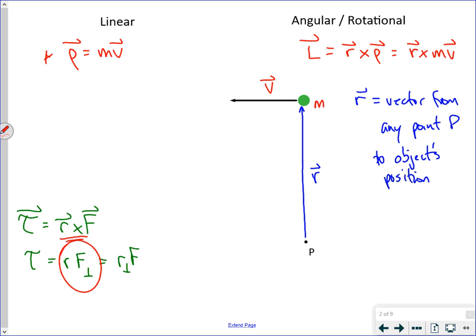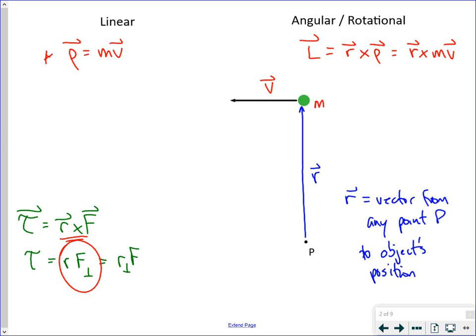But the idea is, for an object to have angular momentum relative to some point in space, what must be true? We can find the magnitude of that angular momentum by looking at the magnitude of r, literally what distance this is, times m times the component of v that's perpendicular to r.